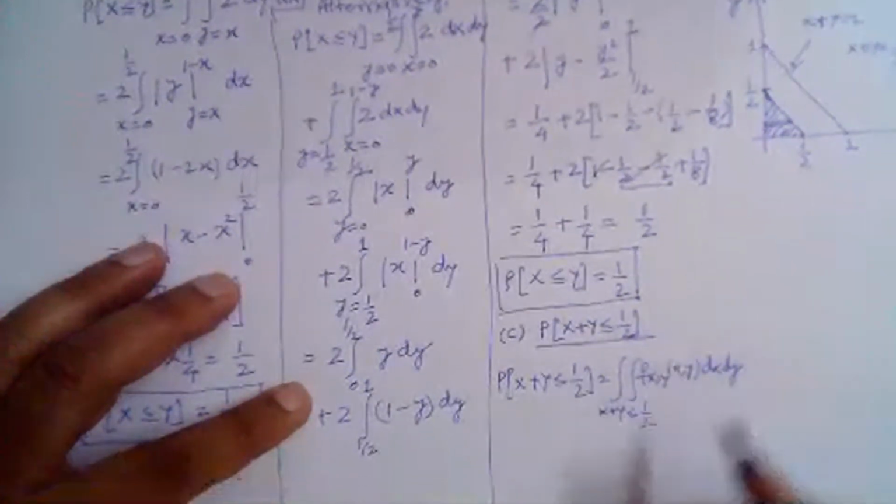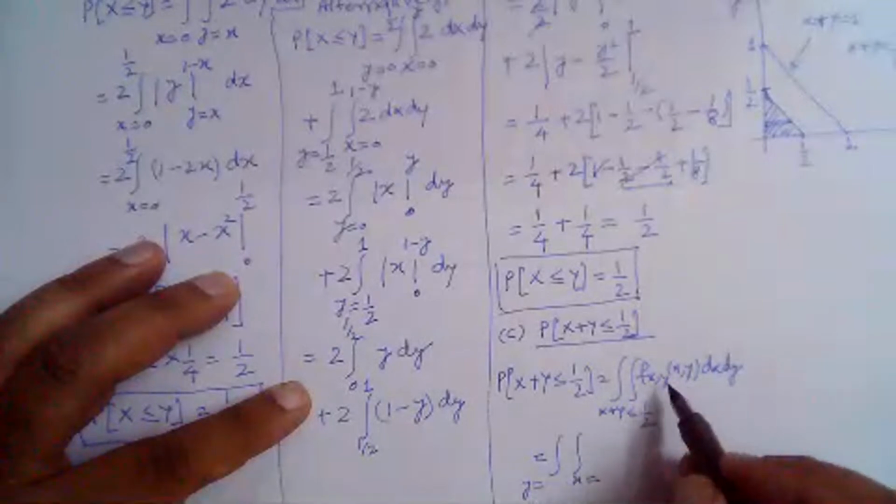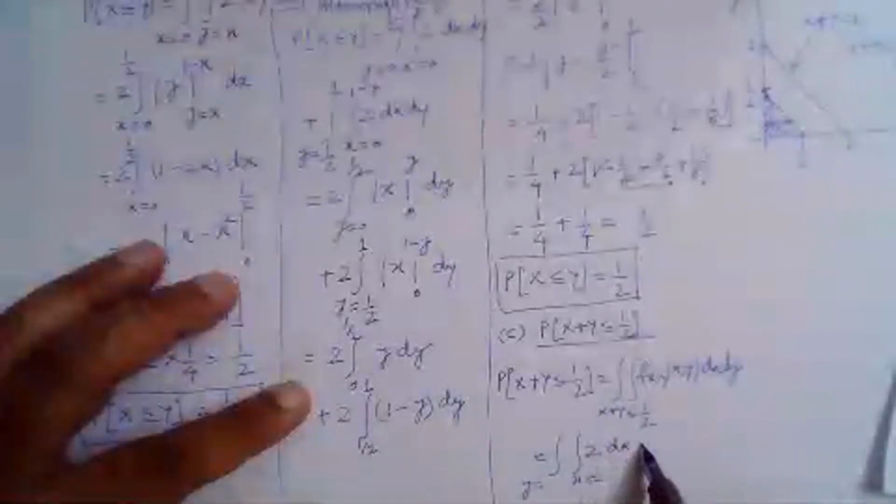So this integral is now given by, so these will be the limits of x, these will be the limits of y, and f(x, y) is 2, if you remember from our previous calculations. So this is 2 here, right? So 2 and dx and dy. So x is 0 here, right?